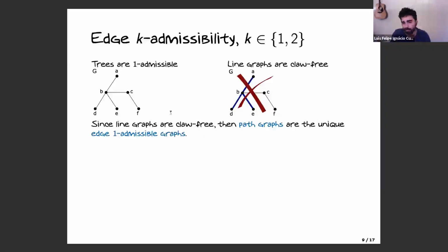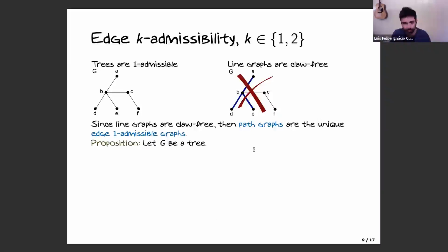Since these are trees that must be one admissible, and for line graphs only paths can be considered as a tree, these are the unique edge one admissible graphs. A graph must be a path.